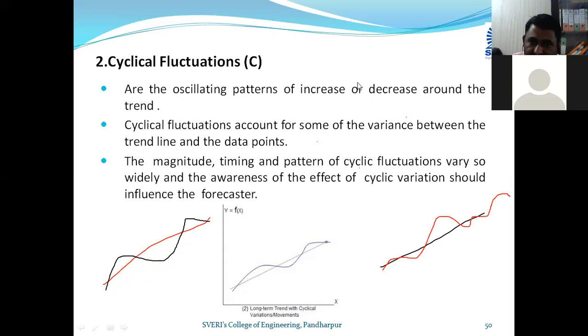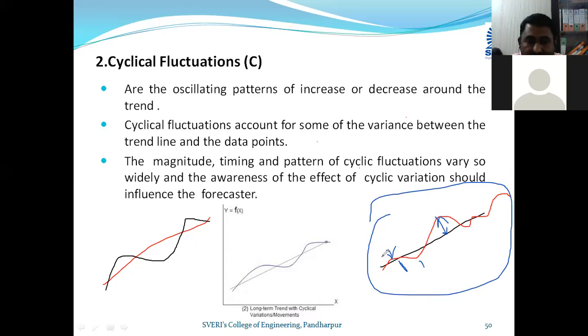Here the pattern is different, here the pattern is different. Okay, the magnitude, here is the highest magnitude from the trend line. Here is the lowest magnitude from the trend line. For your better understanding I have drawn this.